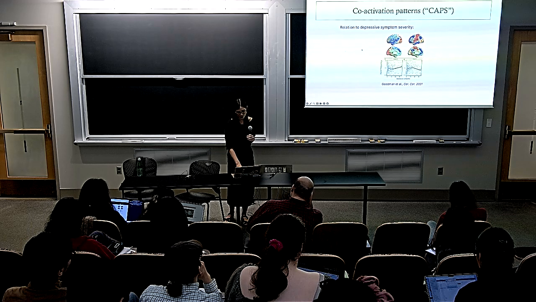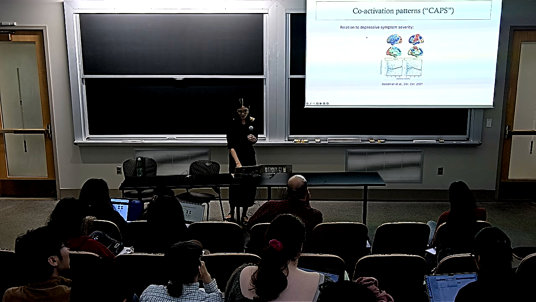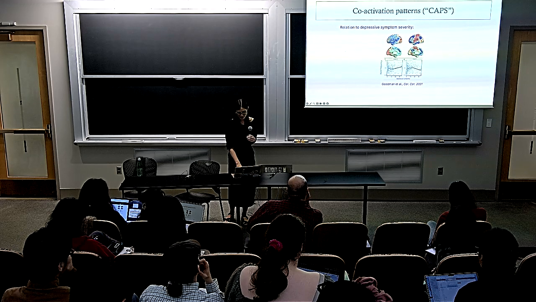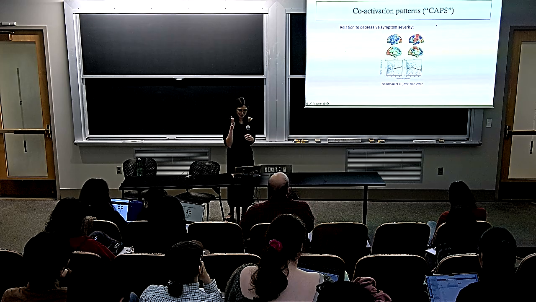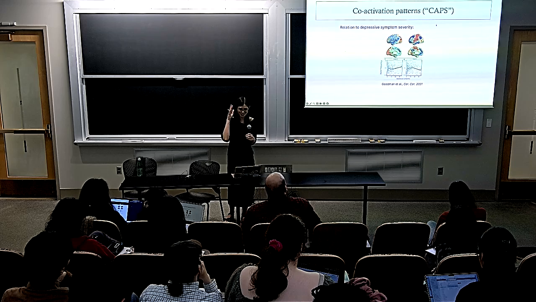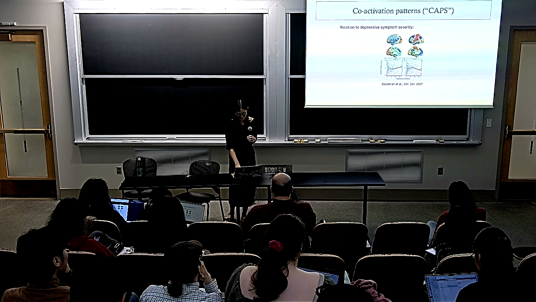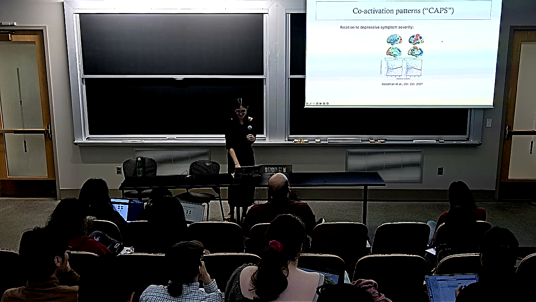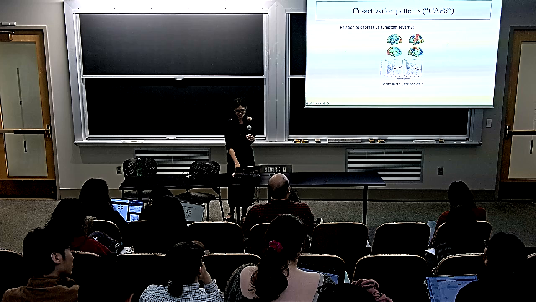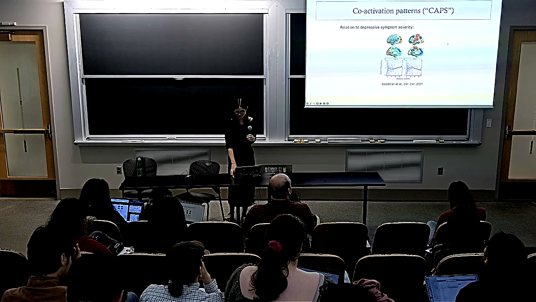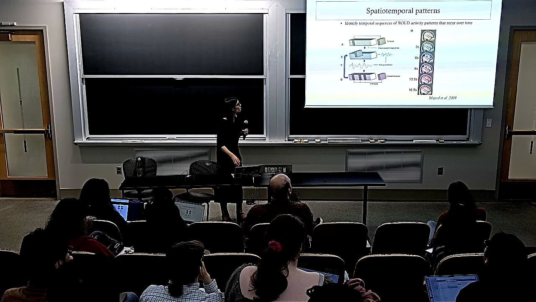The authors applied coactivation patterns analysis and found that the more time a person spent in a pattern dominated by the default mode network, relative to externally oriented networks like the dorsal attention network, the worse their depressive symptom scores. So this is one illustration of how you can maybe apply these in a clinical context as potential biomarkers.